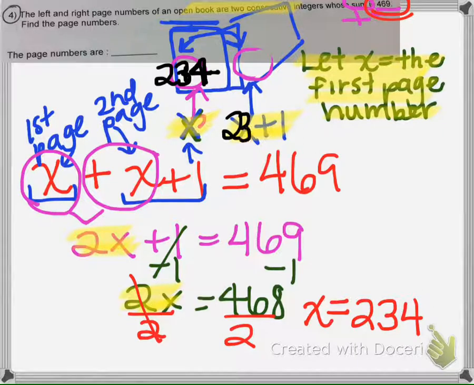It's 234 plus one more, so it's page 235 in the book. And then just do a quick check, make sure that this plus this gives you 469 altogether, which it does.